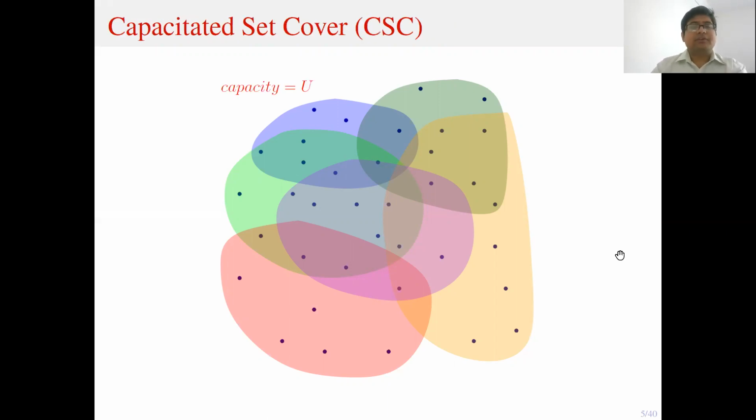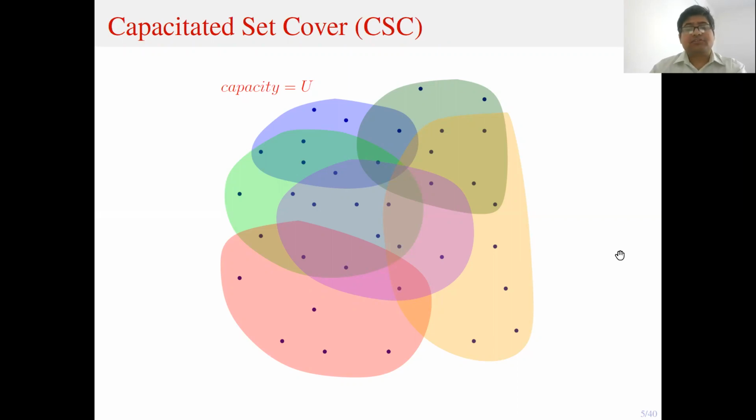In the capacitated version of set cover, we are also given an additional parameter u. It's called the capacity parameter corresponding to the sets. And here also the goal is the same, but we also would like to find an assignment of the elements to the sets in the subfamily such that each set is assigned at most u elements.